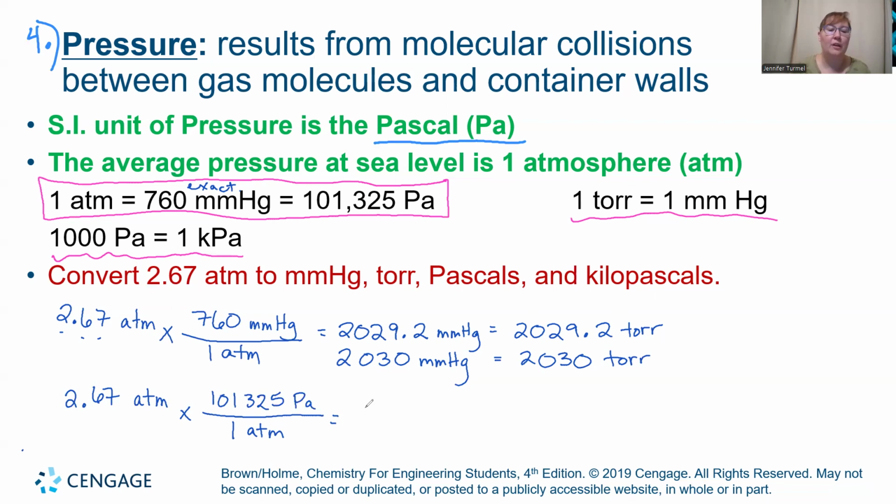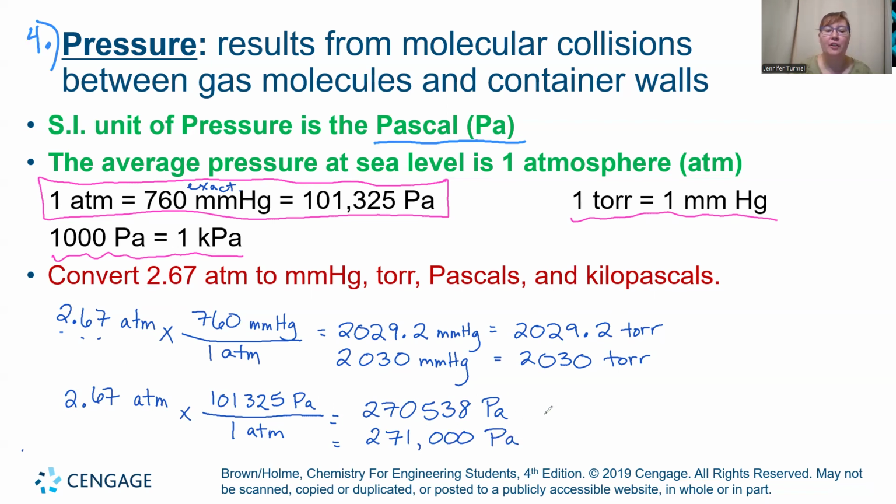And the value that we're going to get then for our pascals is 270,538 pascals. So with our 3 significant figures, this becomes 271,000 pascals.